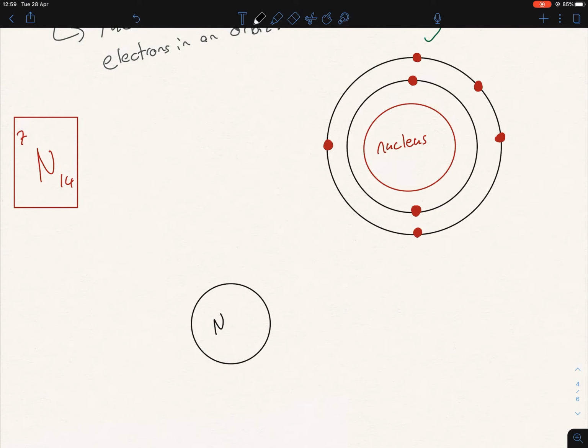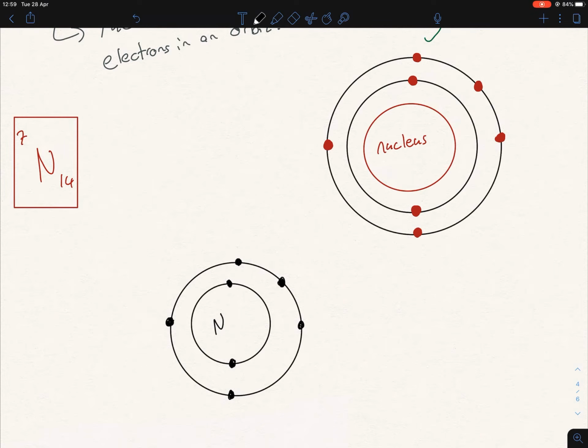Sometimes instead of drawing a nucleus, you just put an N inside there and you go straight to drawing the electrons in, like so. Then you do another one. And we have our 5 in this one, so 1, 2, 3, 4, 5. Again, it doesn't matter where the electrons go, as long as they're far apart from one another.